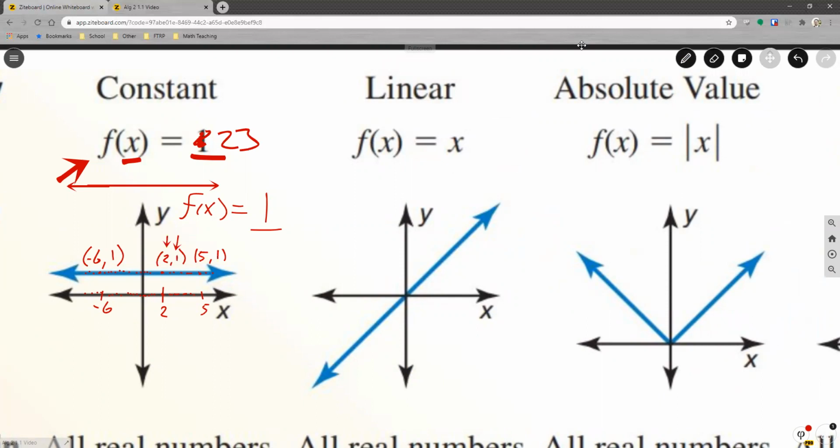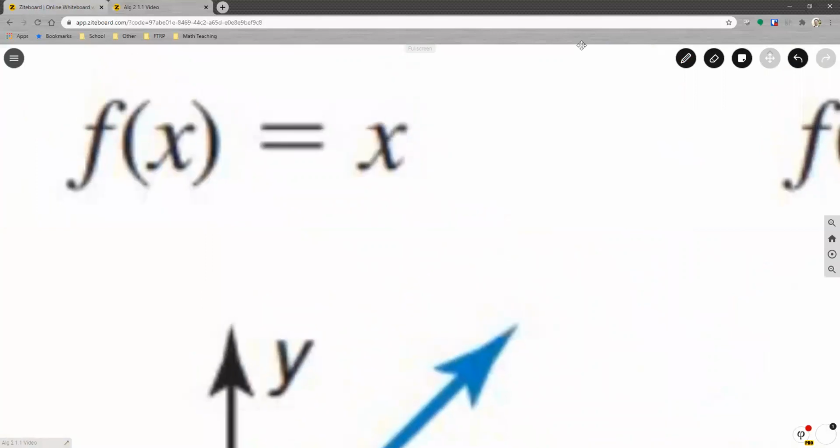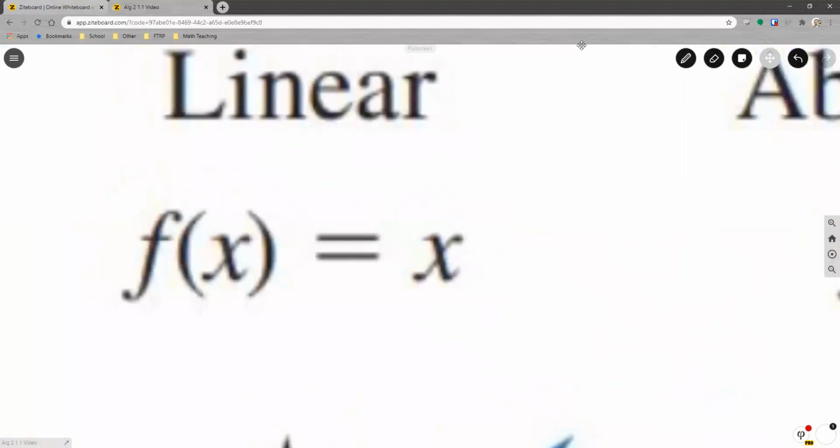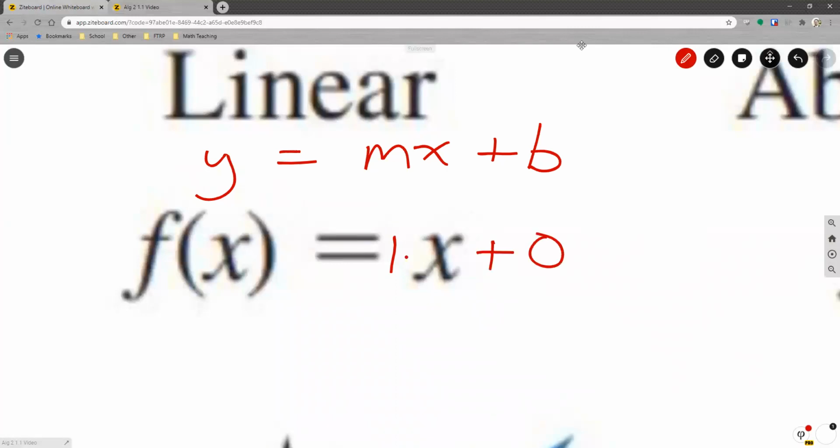It's a linear function, so if you think about something like point slope form, or better yet, slope intercept form, y equals mx plus b, in the case of the parent function, my m value would be a 1. 1 times x is x, and my b value would be a 0.